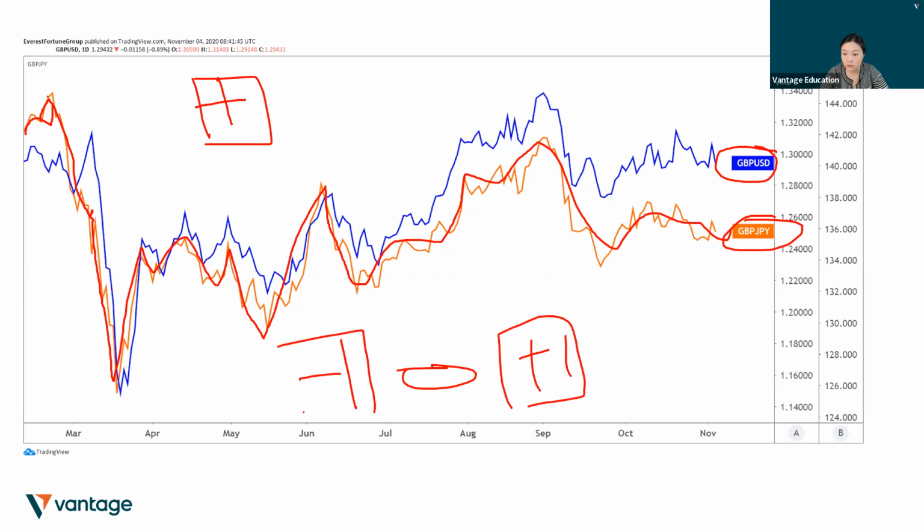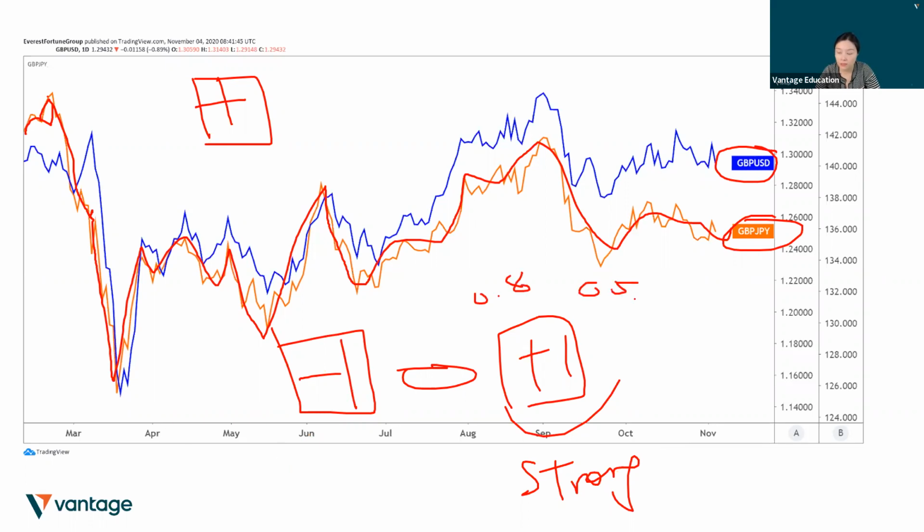This is the strength of the correlation, meaning 0 is neutral, +1 is very, very strong correlation, and -1 means very strongly negatively correlated. Okay, if that makes sense. It can be maybe 0.8, 0.5. So there's a spectrum depending on how correlated they are.